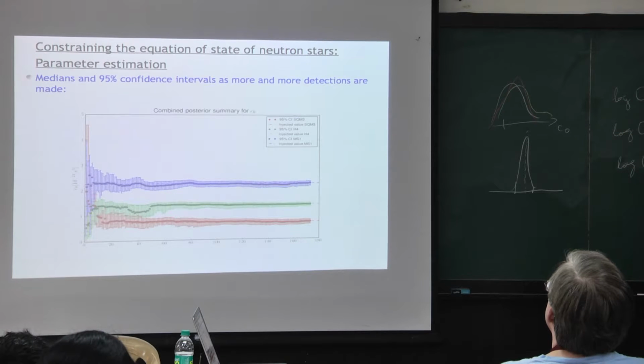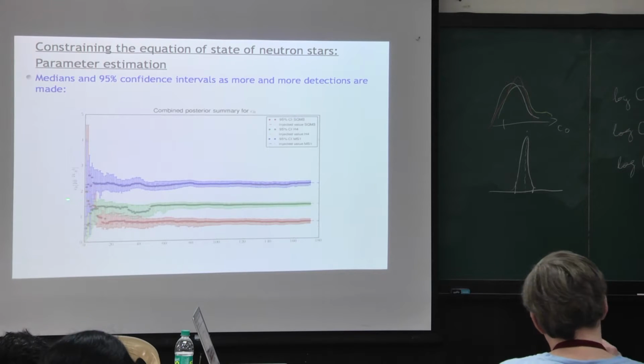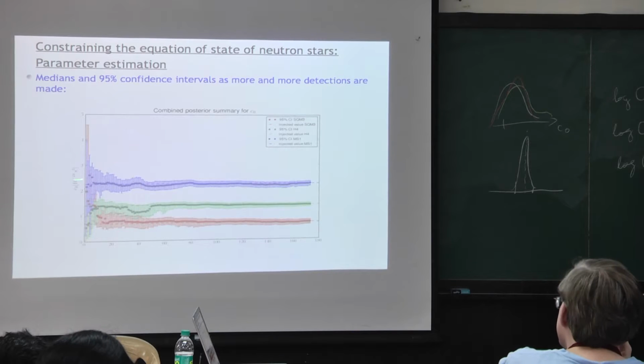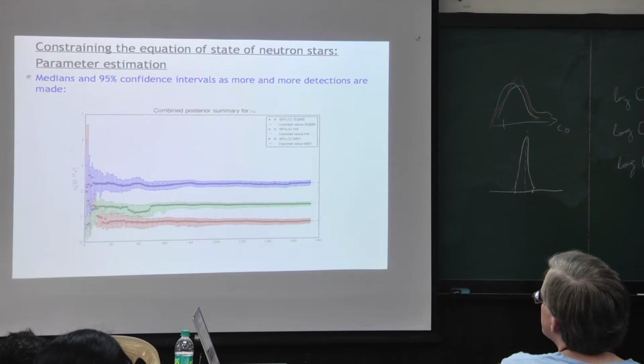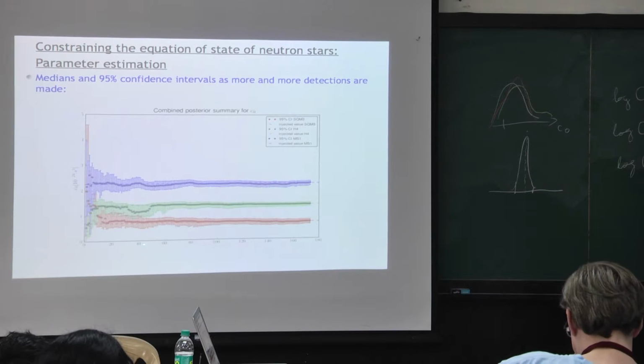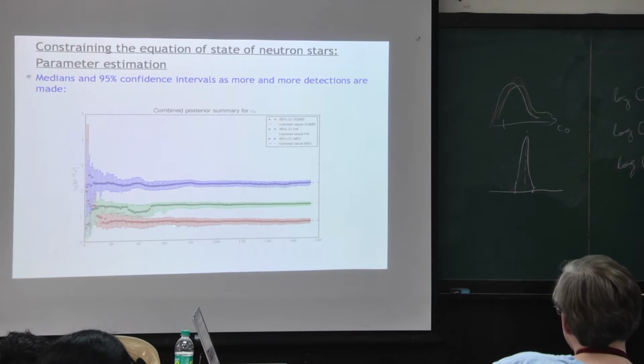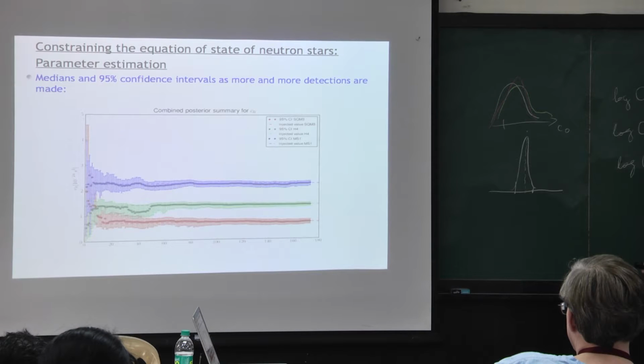So you have to wait until more detections have been made, and then you see that eventually, actually relatively quickly, after 10 detections or so, the medians correspond to the true values of my underlying parameter, and also the three equations of state start separating from each other in terms of confidence intervals. And then as you've made 40 or 60 detections, you're already more or less on the spot. And of course, things get better as more detections get added.